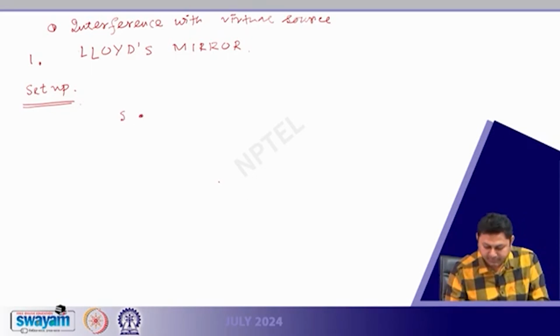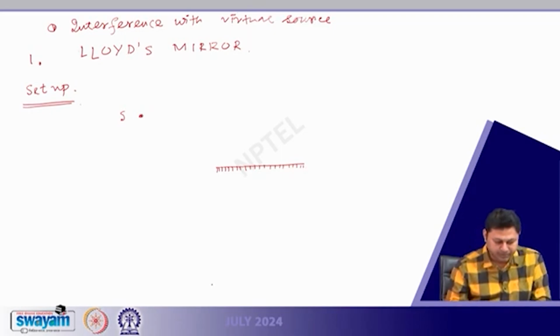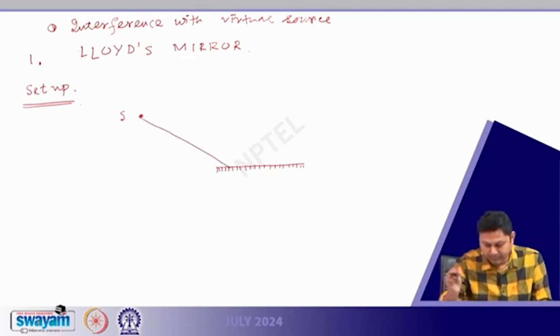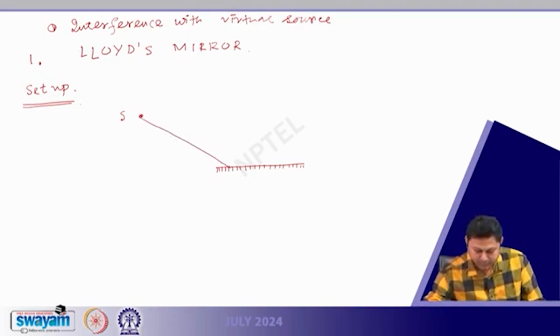and a finite mirror somewhere here. One light can directly fall over this mirror, and it reflects.